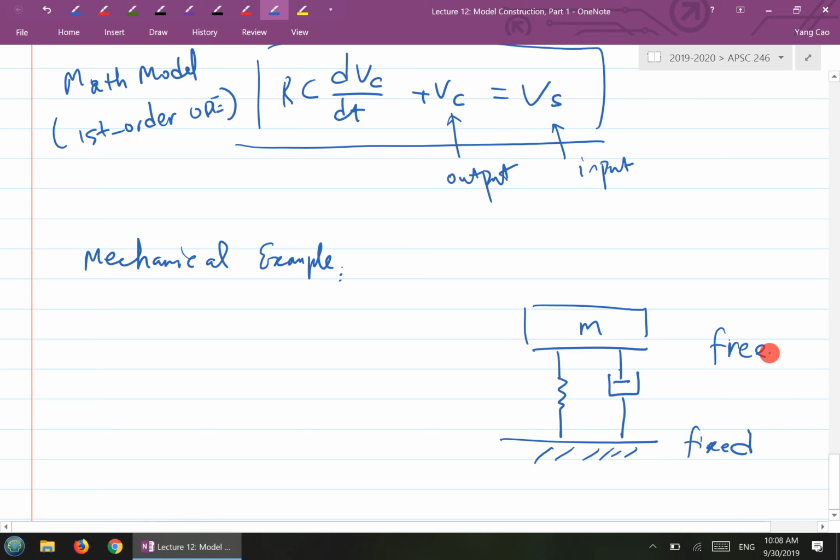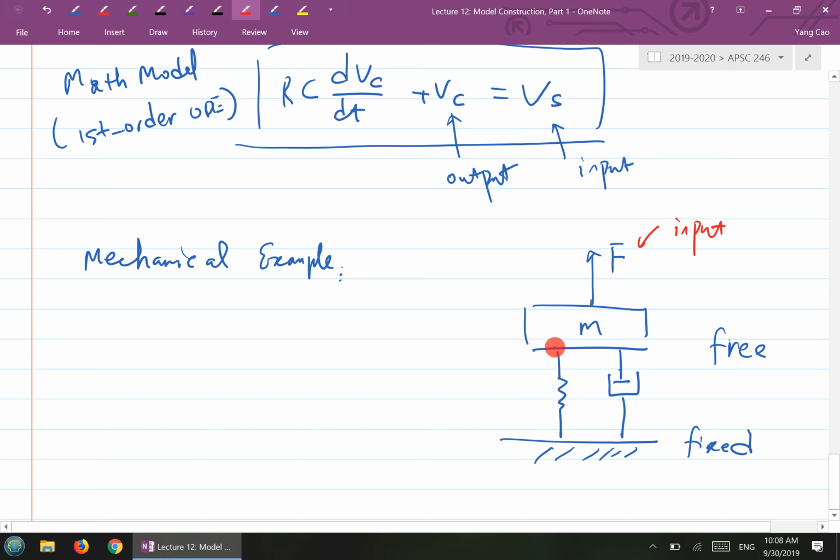In this case, we do have an external force applied to the mass here. So there is an external force F here. You can consider this external force as the input.